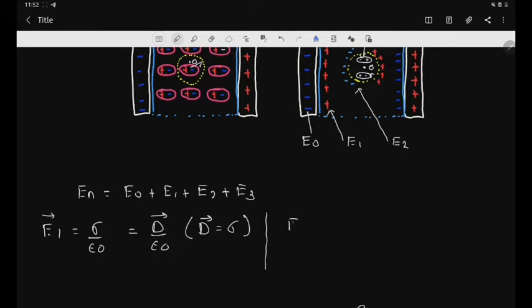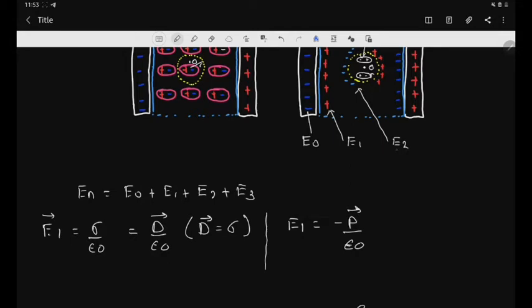Also E1, which is due to the bound charges on the surface of the dielectric, is minus P divided by epsilon naught. This electric field due to bound charges will be in the negative direction, or opposite direction, to the electric field due to E naught. Electric field, as we know, is directed from positive to negative charge. Inside the dielectric, it will be in the opposite direction, that is positive to negative. That is why we will get this as negative.